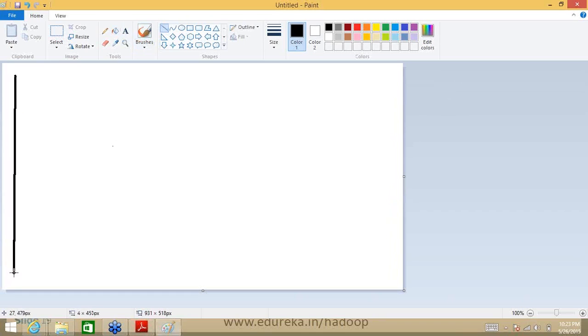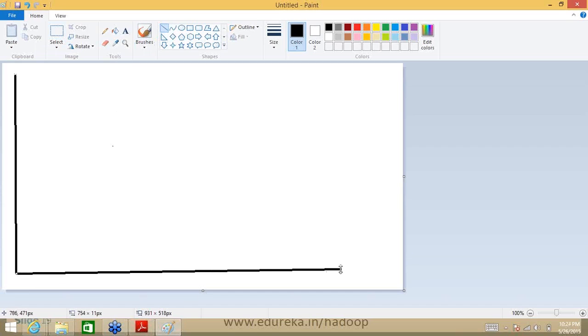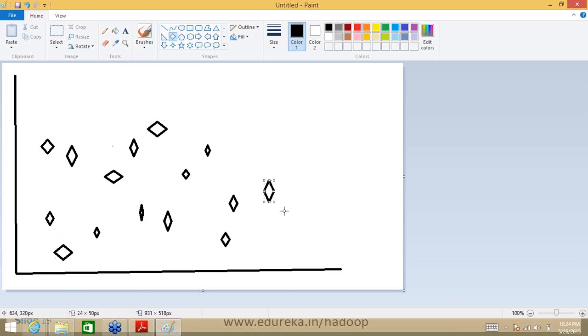See, you have this, and you have this, and for example, these are all the values you have in the clustering. And you want to form clusters. You want to form two different clusters.